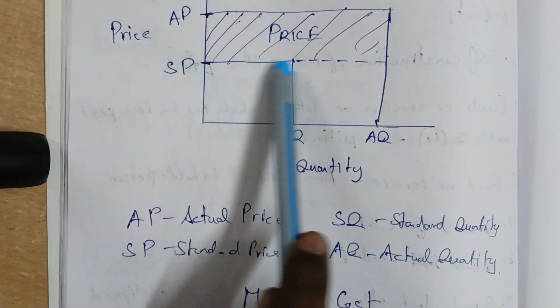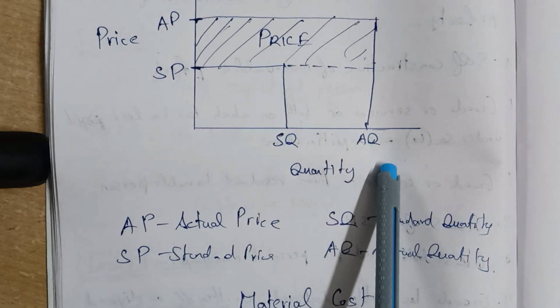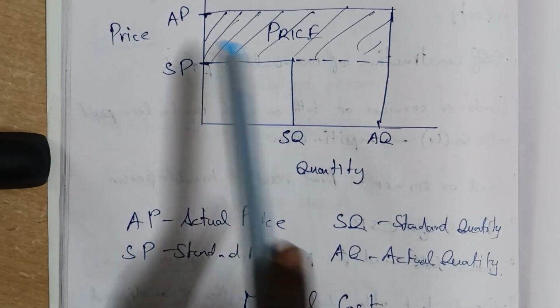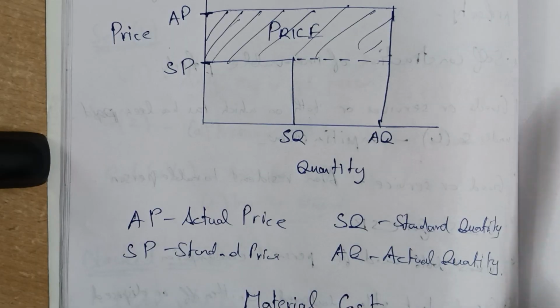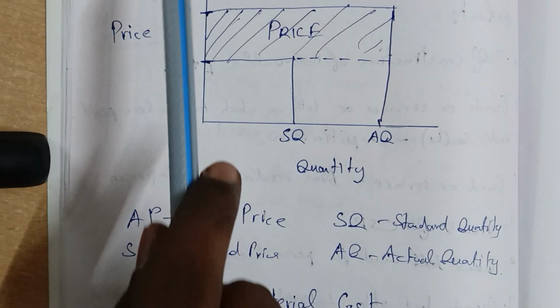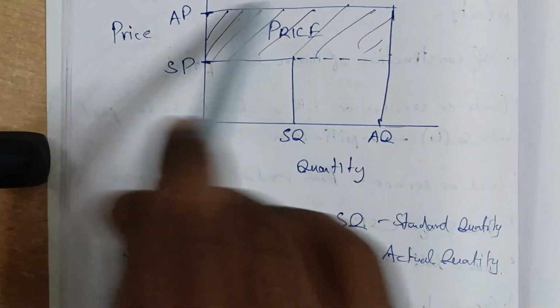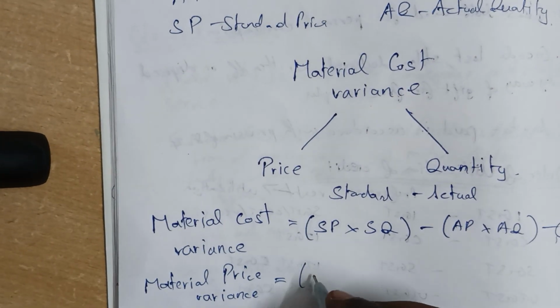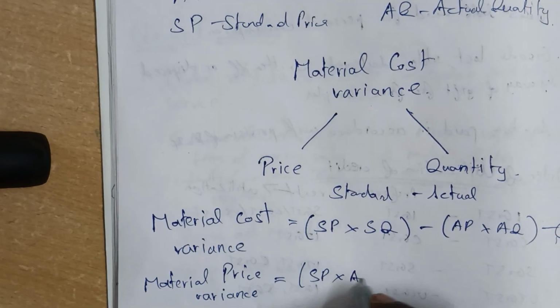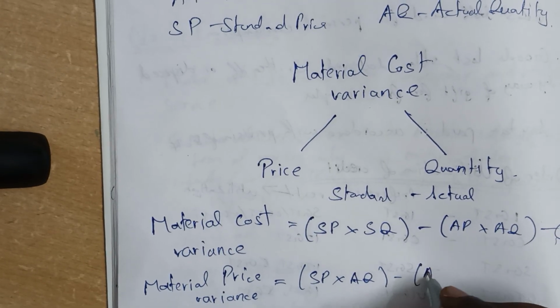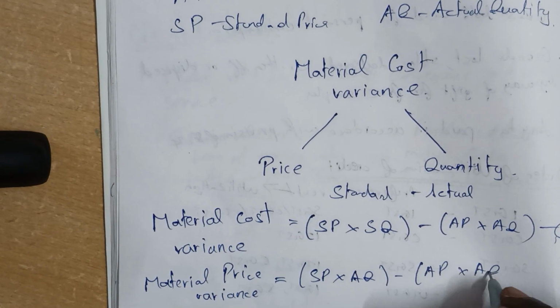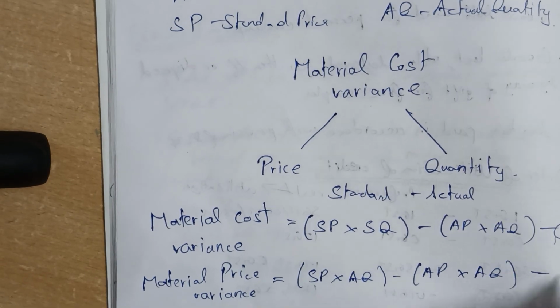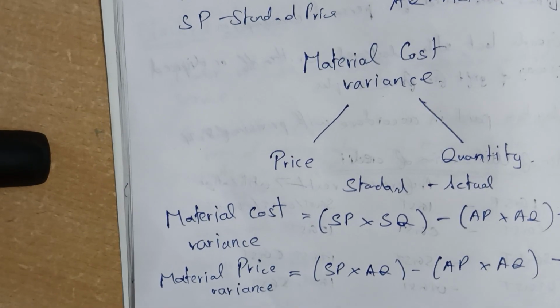Standard price to actual quantity. So SP into AQ. Then what's the topmost end of the point? So AP into AQ. SP into AQ minus AP into AQ. This is the formula for the price variance.